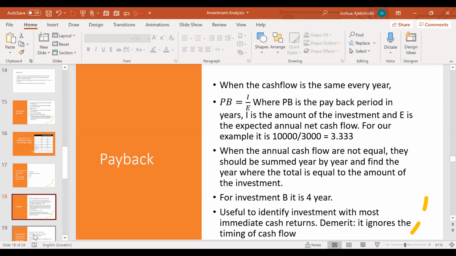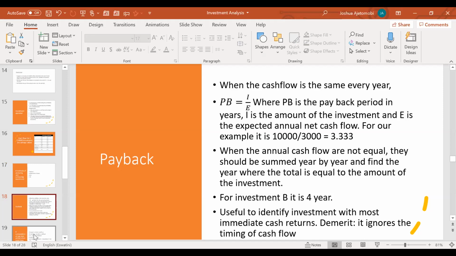The expected annual net cash flow is the average return that we have calculated. So in our example, it's going to be 10,000, which is the amount of investment, divided by 3,000. So it's going to be 31/3, which is 3.333. So that is the payback period.